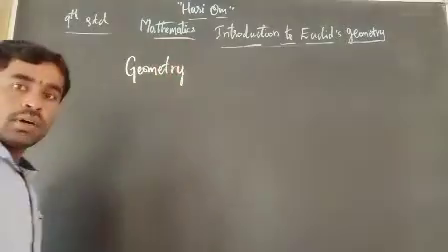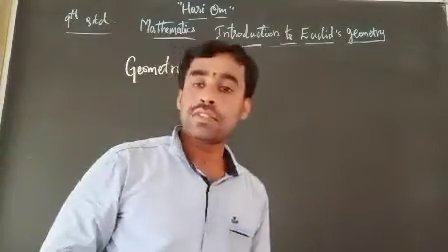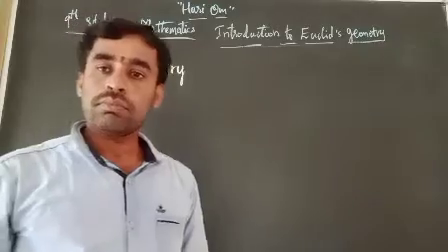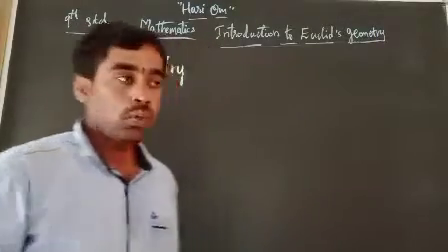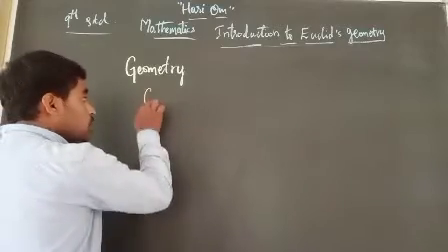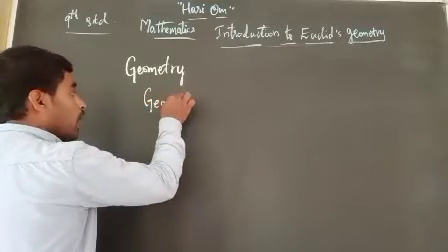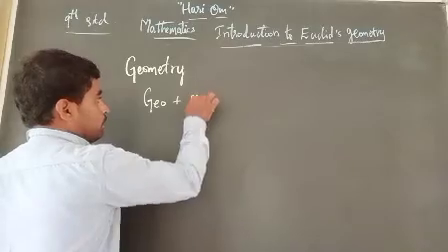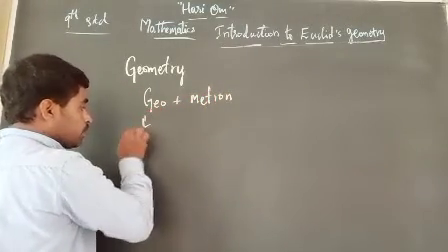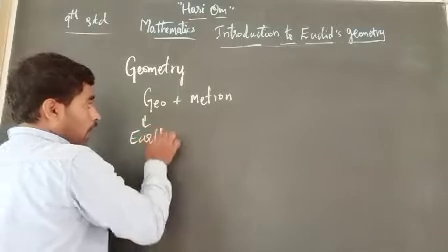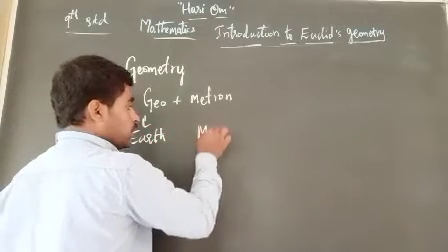The word geometry consists of two Greek words: geo plus metron. Geo means earth and metron means measurement.